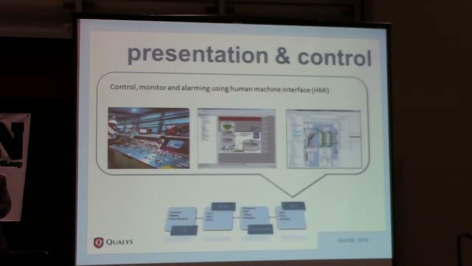This is many times called, as this gentleman said, HMI, or human machine interface. It's just a fancy acronym for what I just described. So these are the four building blocks of a basic SCADA system or industrial control system. Let's take a look at where the vulnerabilities are and where an attacker or hacker could hack them.